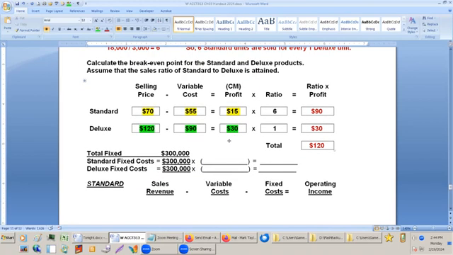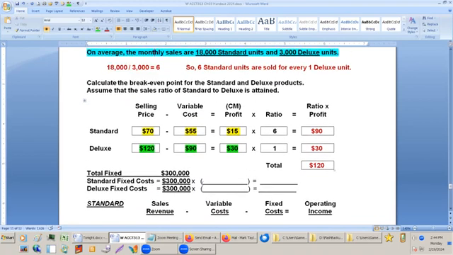And so that's what we're going to use to split up these fixed costs. Okay, so this profit ratio, 90 of the 120 is for standard.